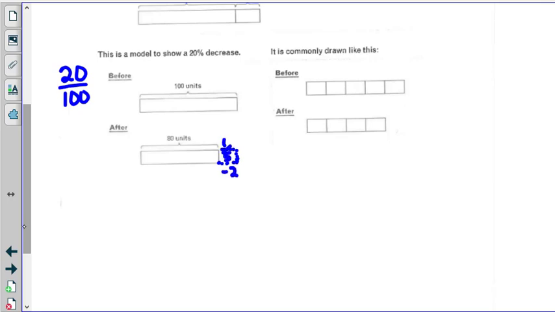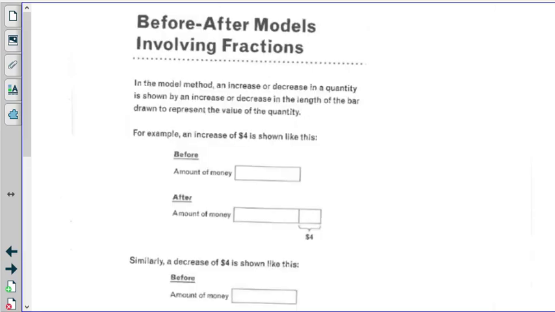Here they're showing the bar cut into fifths because, again, 20 hundredths reduces first to 2/10, and then 2/10 reduces to 1/5. So we're cutting off or taking away, minusing that 1/5. Taking away 1/5.